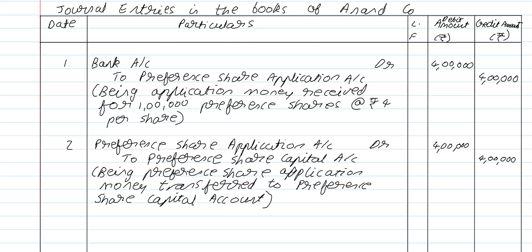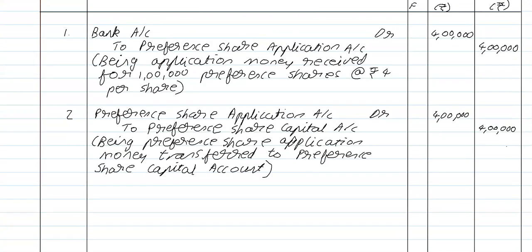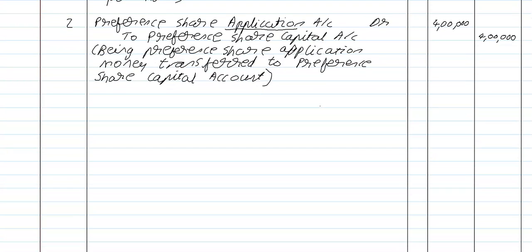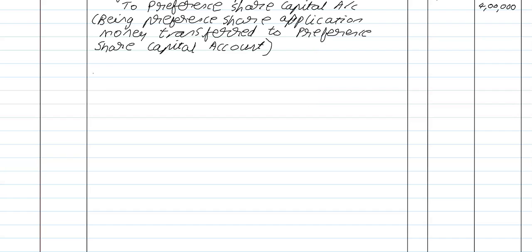Now, application is the only level at which the bank account comes first and then the level comes second. From now onwards, level comes first, transfer entry comes first, and then the money is received.